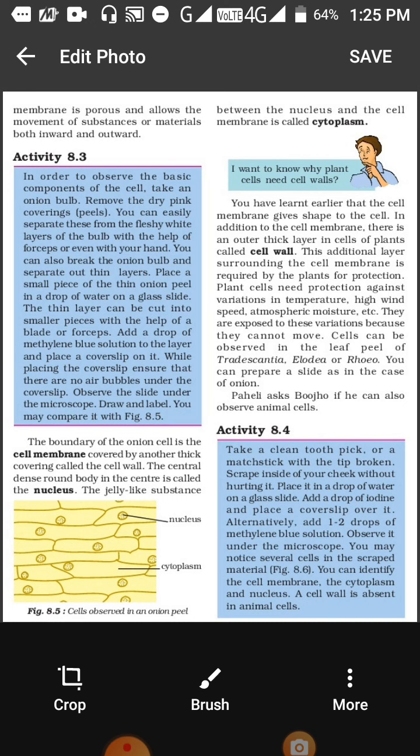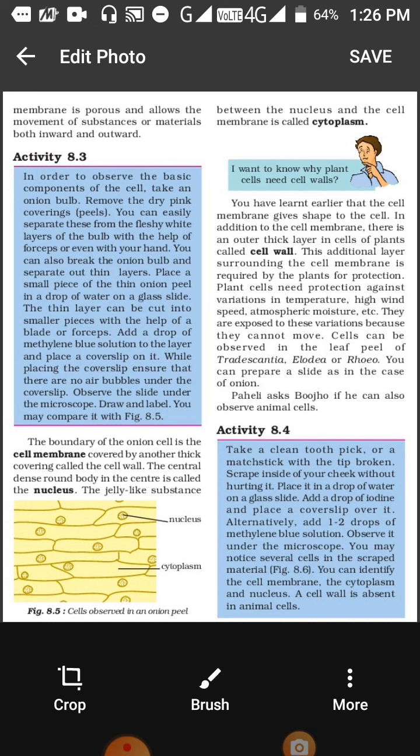When there is any such problem, we move. We can move from one place to another and take precautions, but plants cannot move. So since they are fixed at one place, they need support at the time of wind blowing or any such external forces. So this cell wall gives them support and keeps them straight.